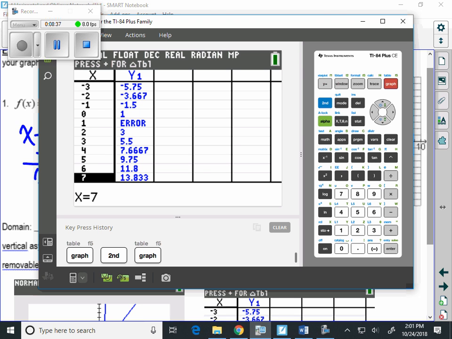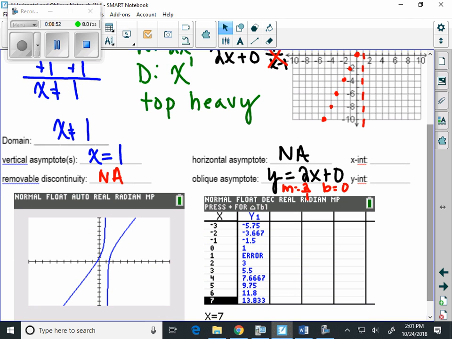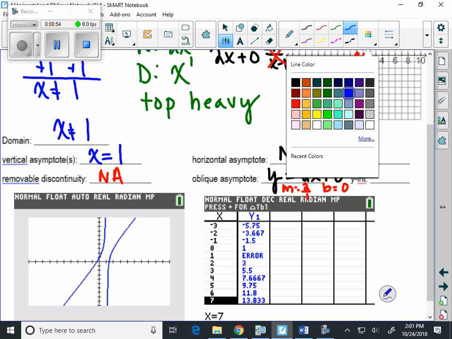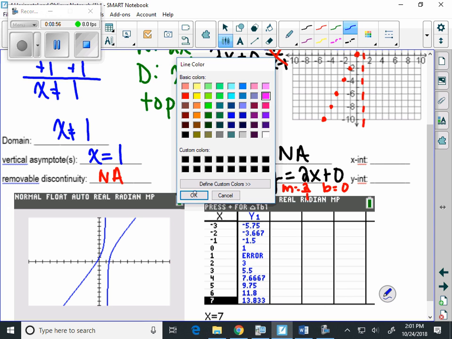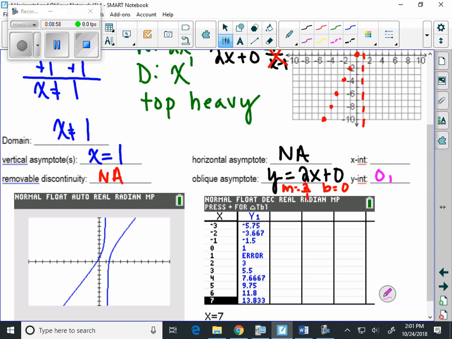Typically on your graphing calculator, you start with 0, 1. I know it's not on my screen right now, but 0, 1 from the table is going to tell us that our y-intercept is 0, 1.